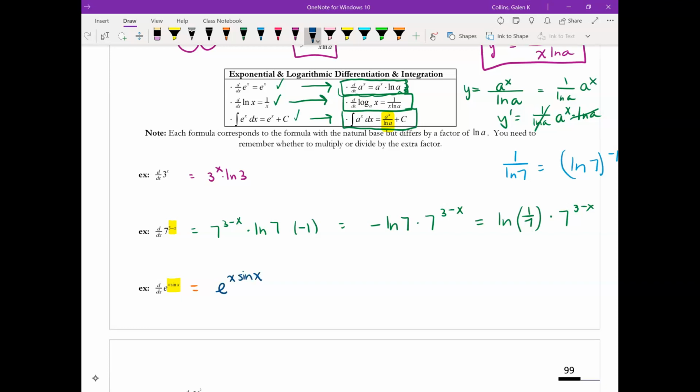But then we must multiply by the derivative of x times the sine of x. So we have to be careful that we use the product rule here. Derivative of the first times the second is sine of x, plus derivative of the second times the first is x cosine of x. So that's what we get for that third derivative.